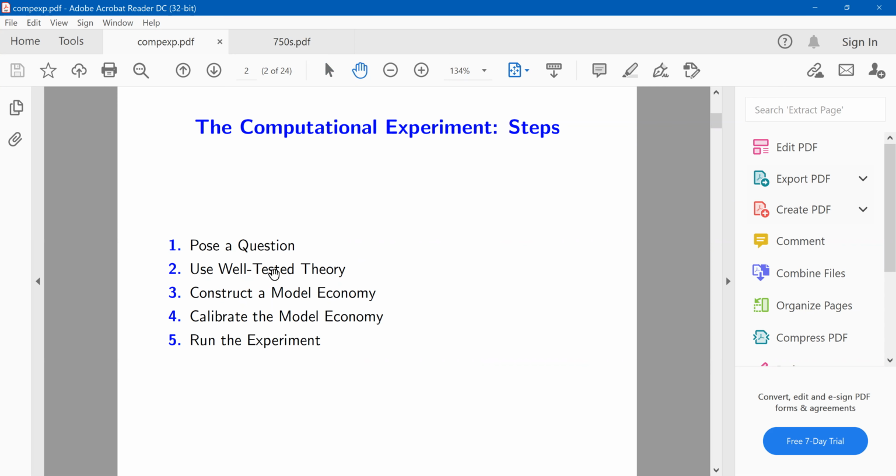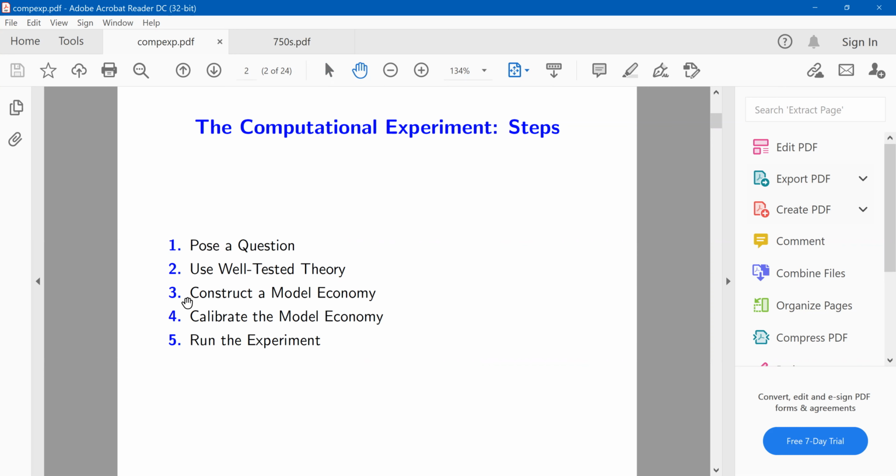Okay, so what you want to do is to choose the theory wisely here. And then using that theory, you're going to construct a simple model economy. Okay, and when I say simple, of course, I mean that's a relative term. I mean some models are simpler than the others, some models are more complicated than the others.